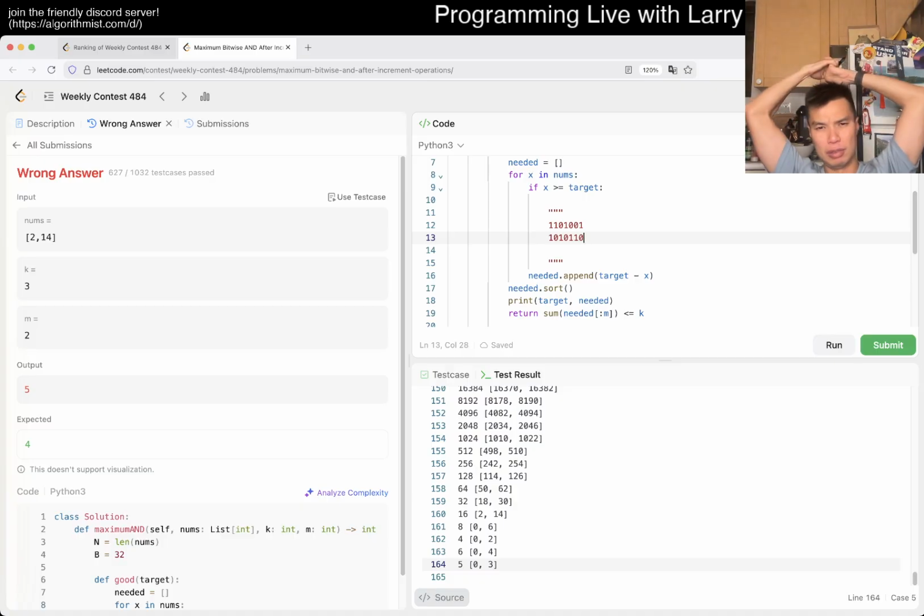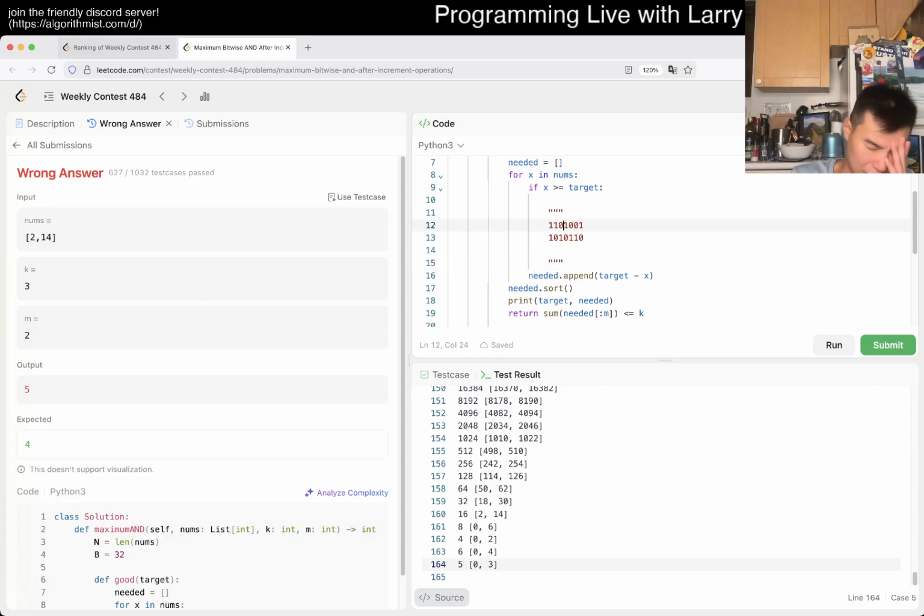Does this one do anything? Why do I structure it this way? Is there another case I'm thinking of? I should have drew it out.